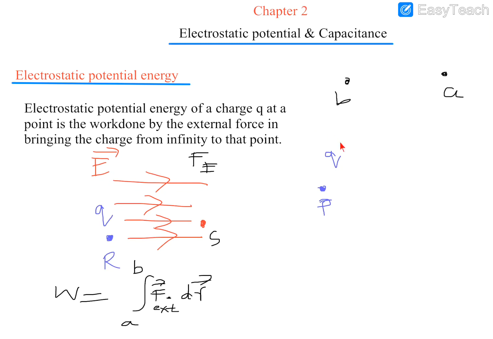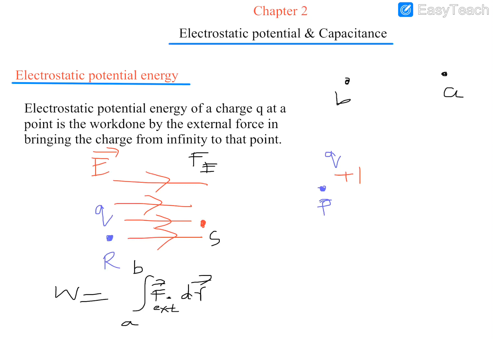I kept a Q charge here. Okay, if instead of Q I kept a unit positive charge at P, a +1 charge, and I am moving that +1 charge from here to here, instead of the Q charge, a unit positive charge, from P to S. Now also I need to do work, because it is a positive charge and there will be repulsive force.